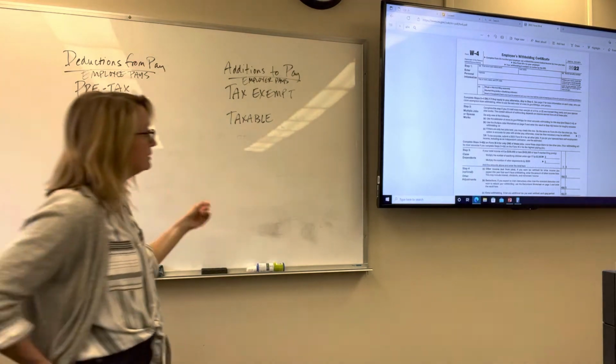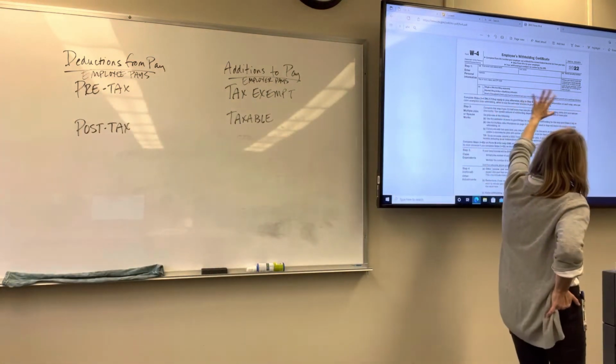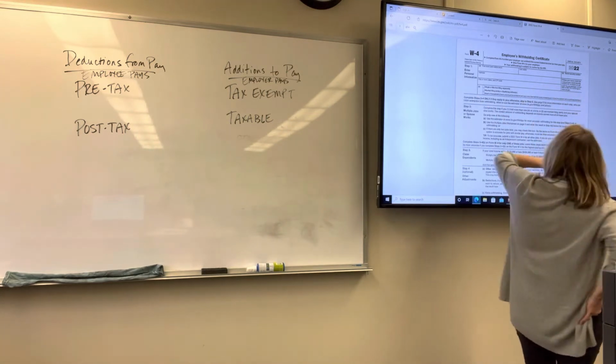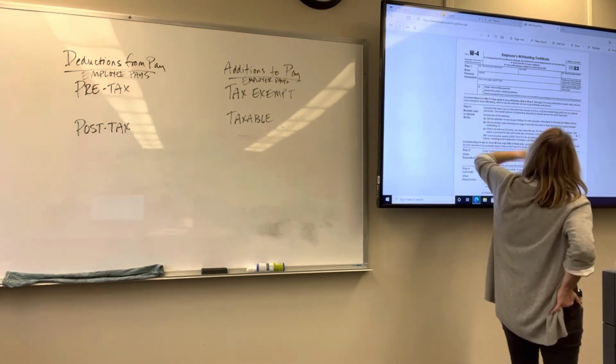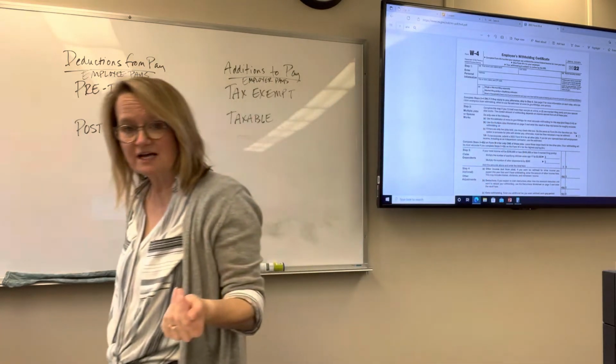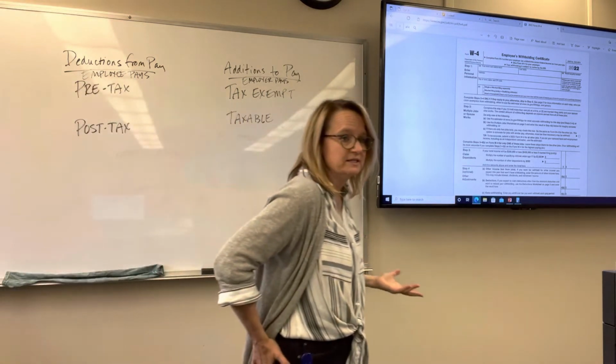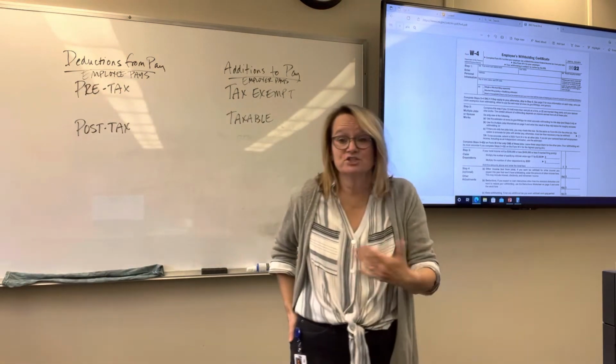The first part, of course, is just the name, address of the employee, their social security number. Next part, box C, is filing status. If you have filed a tax return in the past, you probably know what your filing status is. However, that filing status can change.